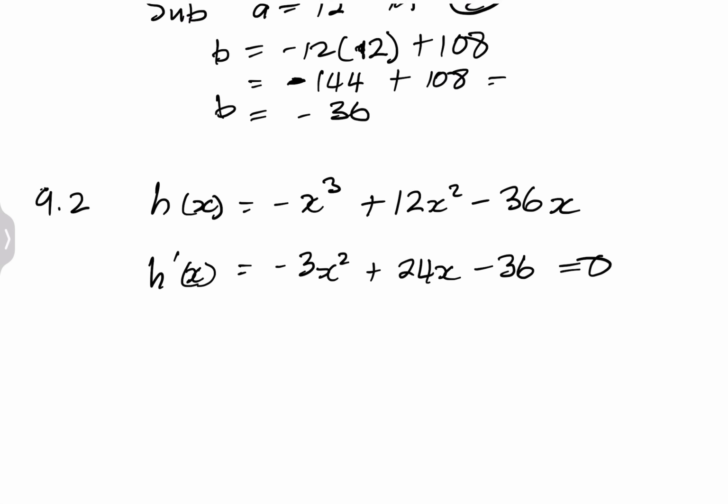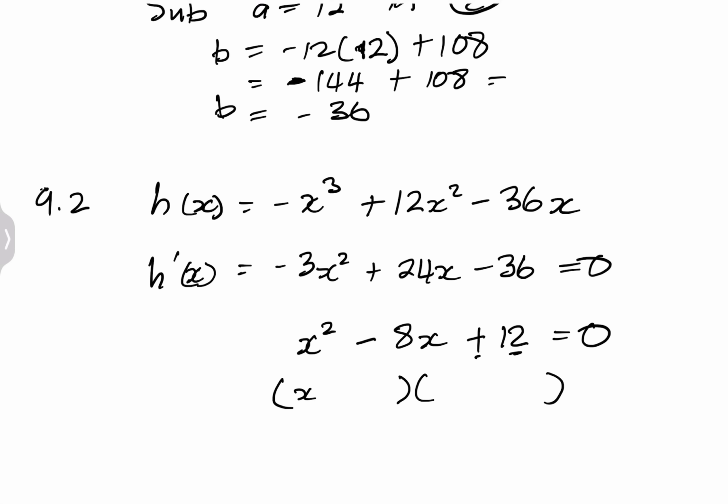Right, so h, okay, we take that derivative, that's minus 3x squared plus 24x minus 36, okay, and we know that the derivative is equal to 0. Right, we're going to divide everything by negative 3, so we get x squared minus, please remember it changes sign, okay, 24 divided by negative 3 in this case, so that would give us minus 8x, and plus 12, and so this is equal to 0. Right, so we can factorize there. Factors of 12 such that when we add them, we get 8.